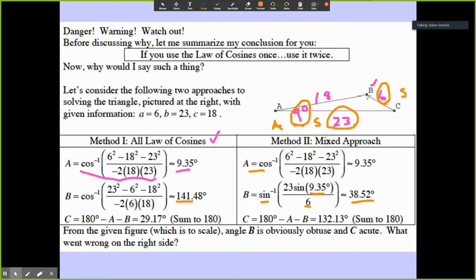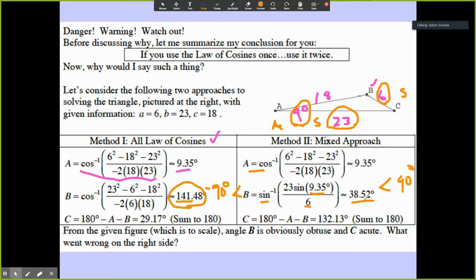So for angle B, when you do the law of sines, sine inverse is only going to give you angles between 90 and negative 90. In other words, it won't give you an obtuse angle, because that's how sine inverse is defined, to give you angles in quadrant 1 and quadrant 4. So it's not going to give you this angle.